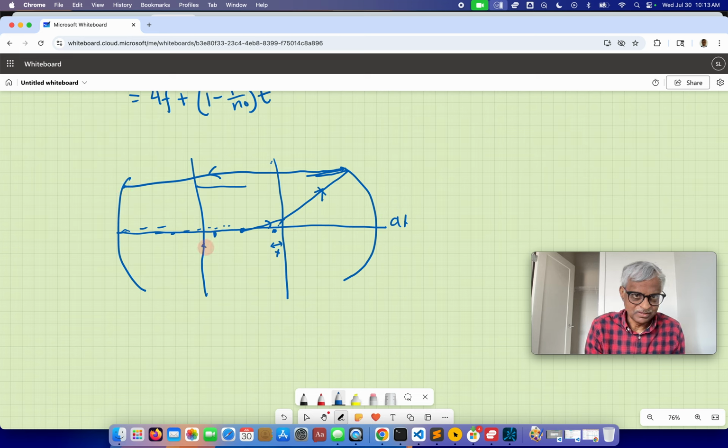So a distance X is going to be coming towards it, if this reflection is exactly like this, then appear.